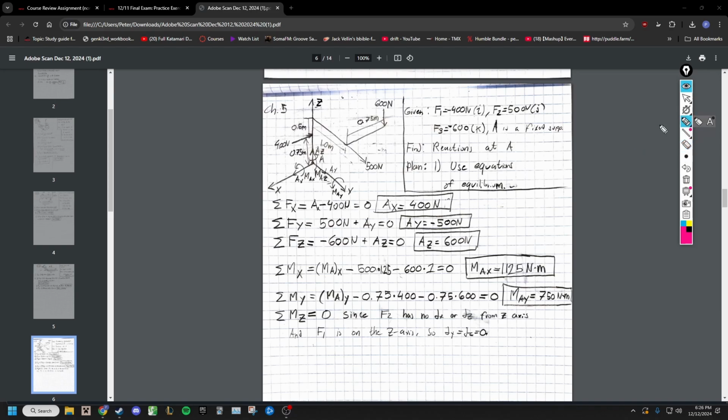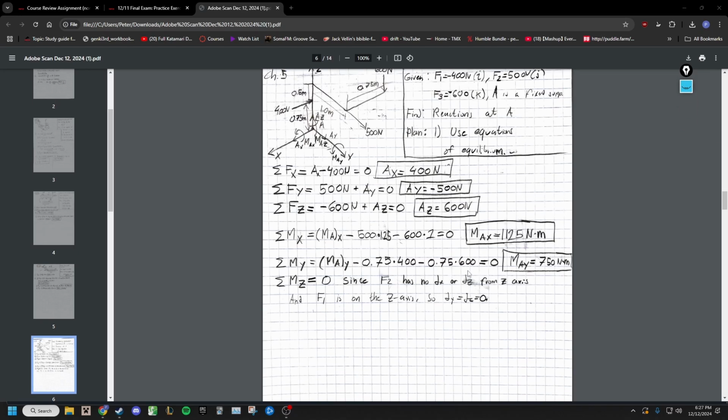And then for this 500 in y, the only distance we're given is in terms of y, and to find the moment, you have to multiply the force by an arm that's not in the same dimension as it. So we can't multiply this 500j vector by one r, because that wouldn't work. So we end up with these answers, and then we move on to the next problem.